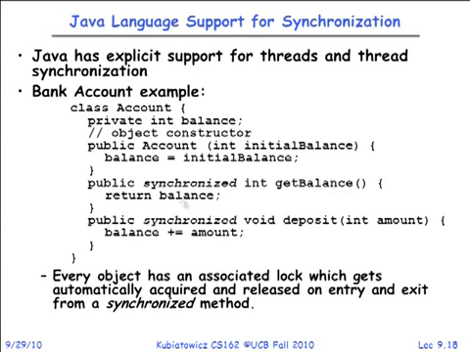What synchronized means is grab the lock associated with the object before this method starts and release it when the method's done. So the way to read this is as if at the beginning you did lock.acquire, and at the end you do lock.release, and it's automatically built into the word synchronized.